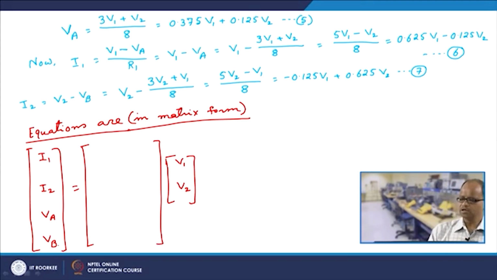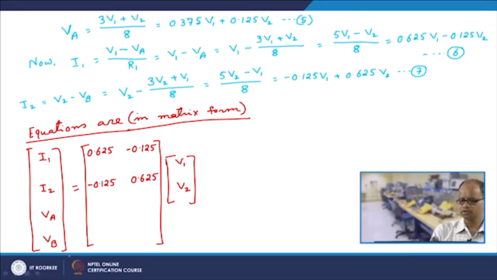Now, the first thing: I1 is 0.625 V1 minus 0.125 V2. I2 is minus 0.125 V1 and plus 0.625 V2.